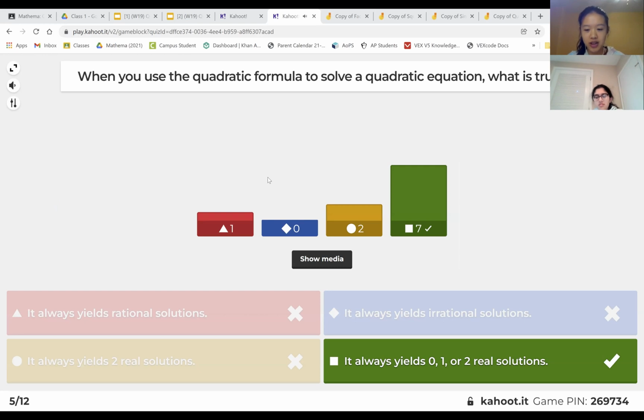Okay, so yeah, there can be 0 real solutions if both those solutions are imaginary. There can be 1 real solution in case there's 2 identical solutions, or there can be 2 different solutions.